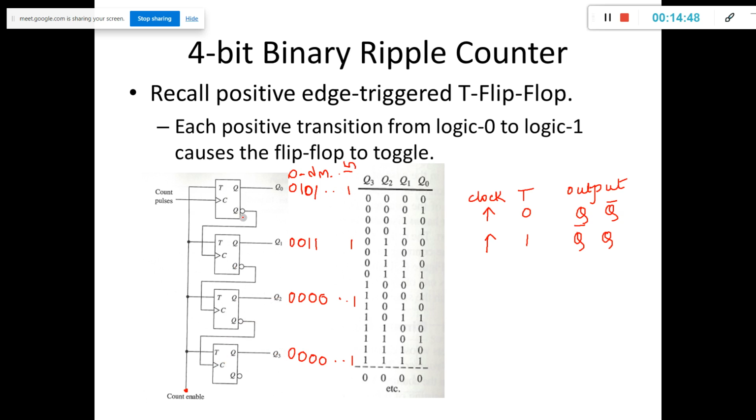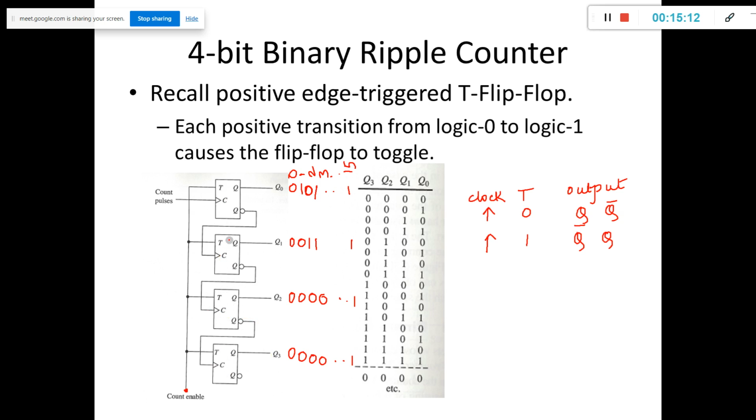So what happens here is an asynchronous type of flip-flop counter, because the output of one flip-flop is connected as an input to the next, the output of the second flip-flop is connected as an input to the third, the output of the third flip-flop is connected as an input to the fourth. This is asynchronous. This flip-flop will affect this, and this flip-flop will affect this.